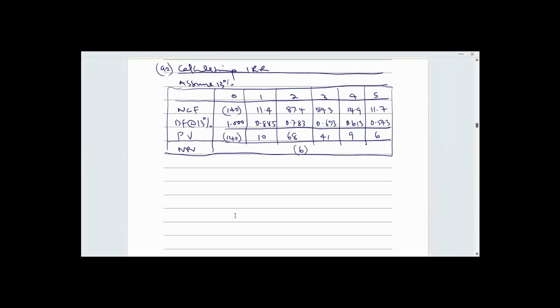So if that is the case, I would then say internal rate of return equals lower discount rate plus NPV of the lower discount rate divided by NPV of lower discount rate plus NPV of higher discount rate, all of this multiplied by higher minus lower discount rates.